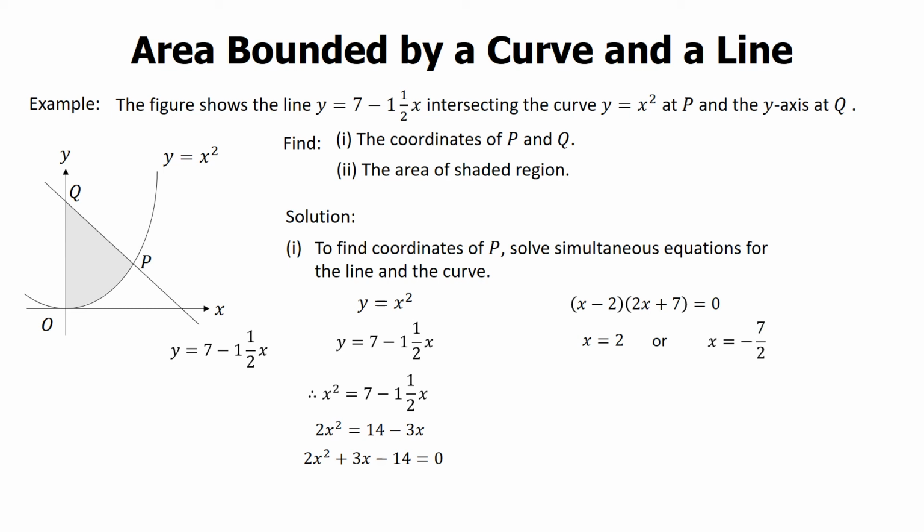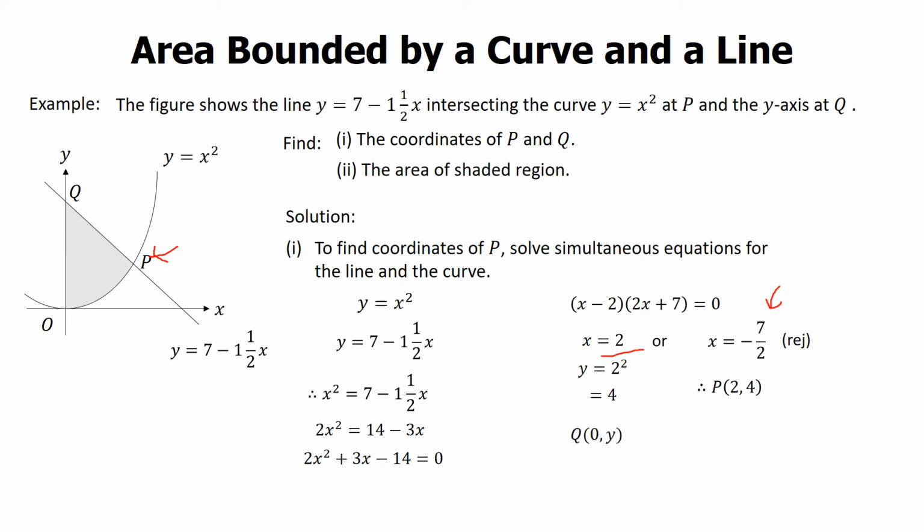Since P is at the right hand side of the y-axis, the x should be positive, and x equals negative 7 over 2 is rejected. Now y equals 2 squared, which is 4, which means the coordinates of P are (2, 4).